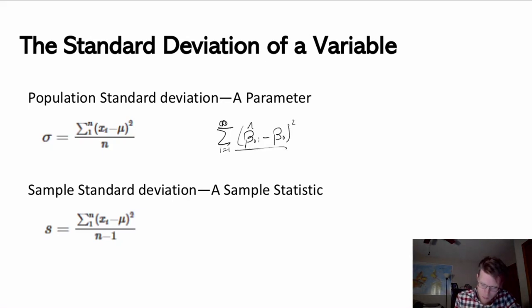Infinity in the denominator doesn't make sense, but this is some very large number, so I'll just call it n. From 1 to n, I could calculate the standard deviation of beta hat naught.